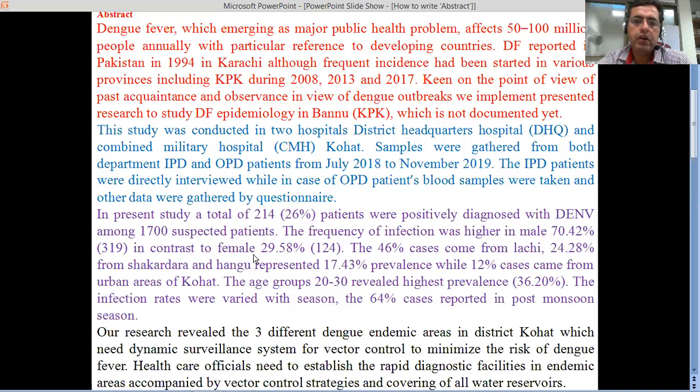When you are writing a manuscript, different journals have limitations. Some journals' format would require only 250 words or 300 words, so you have to be very brief, and you must know what to mention here and what not to mention.